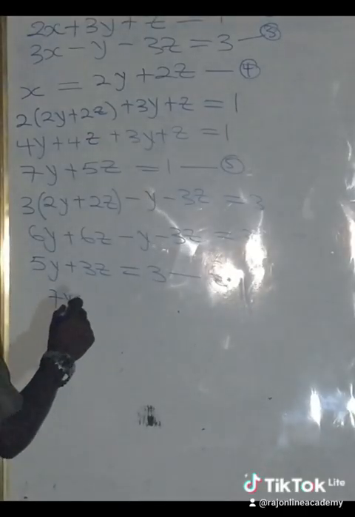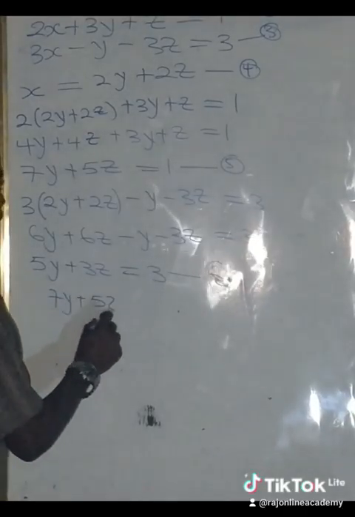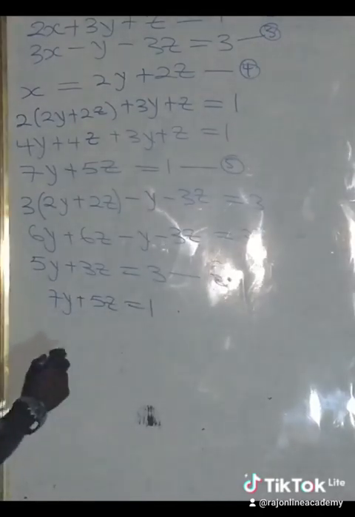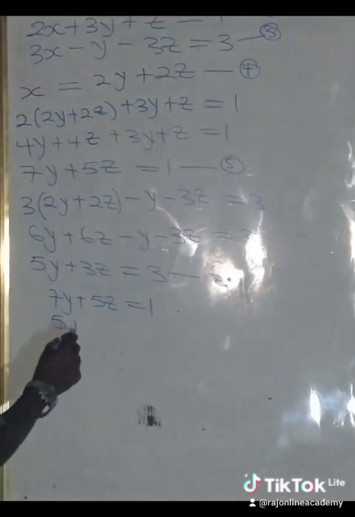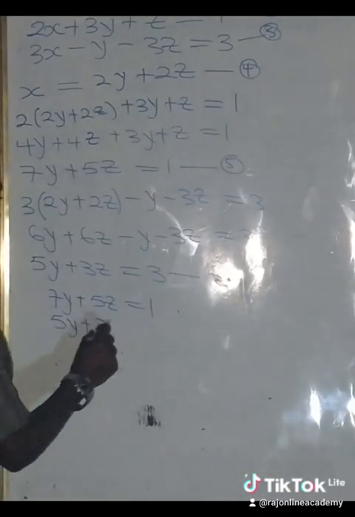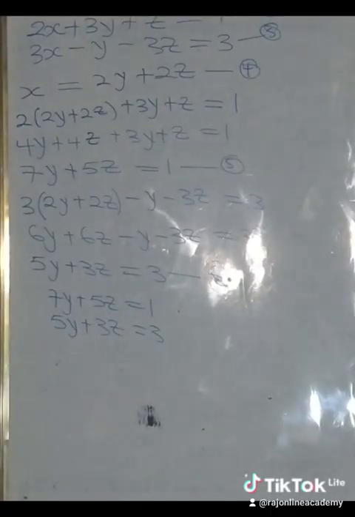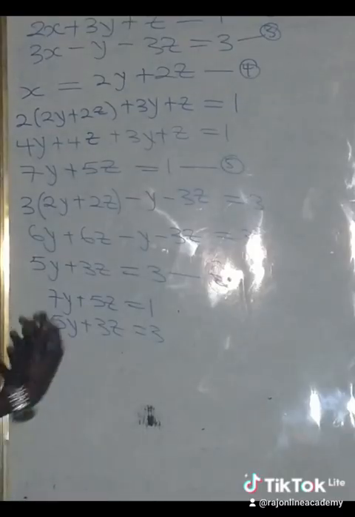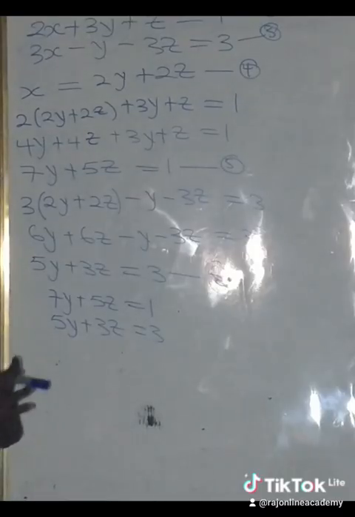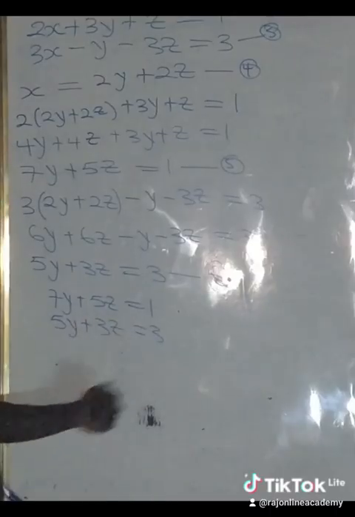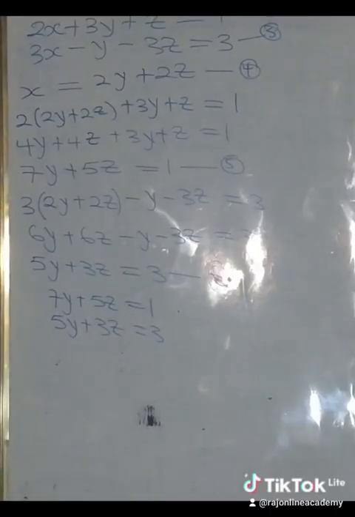You now have 7y plus 5z equals 1, and here we have 5y plus 3z equals 3. If you observe here, let us use the elimination method. For you to use the elimination method, it means you must get rid of one of the variables, either y or z. Which one do you want me to get rid of here? y.